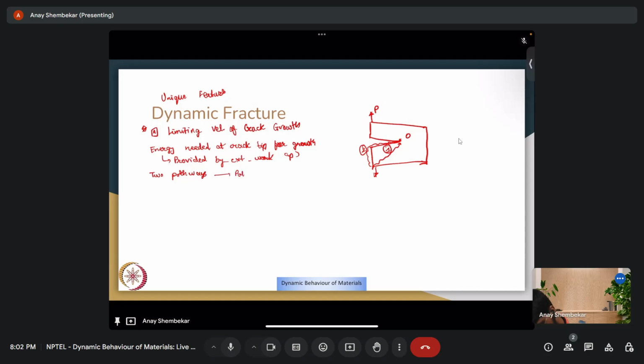Path 1, bulk longitudinal wave and bulk shear wave, small fraction of energy.